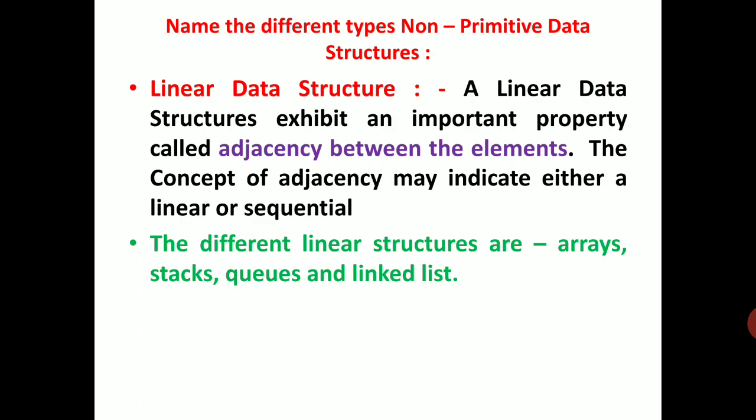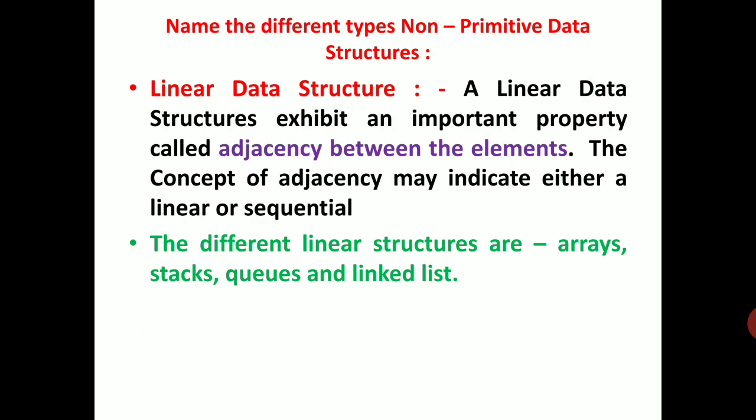Now we'll come to the screen. Non-primitive data structures are further classified as linear data structures and non-linear data structures. What do we mean by linear and non-linear? Linear means consecutive locations. An array is the best example of a linear data structure.